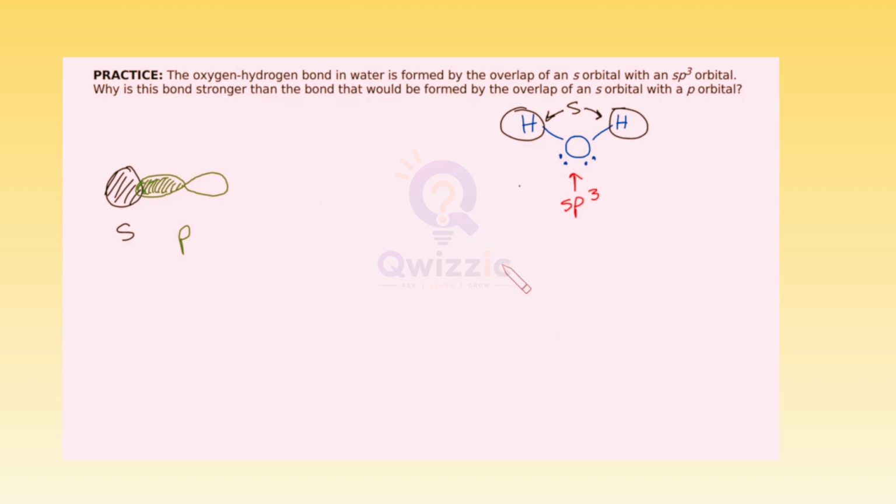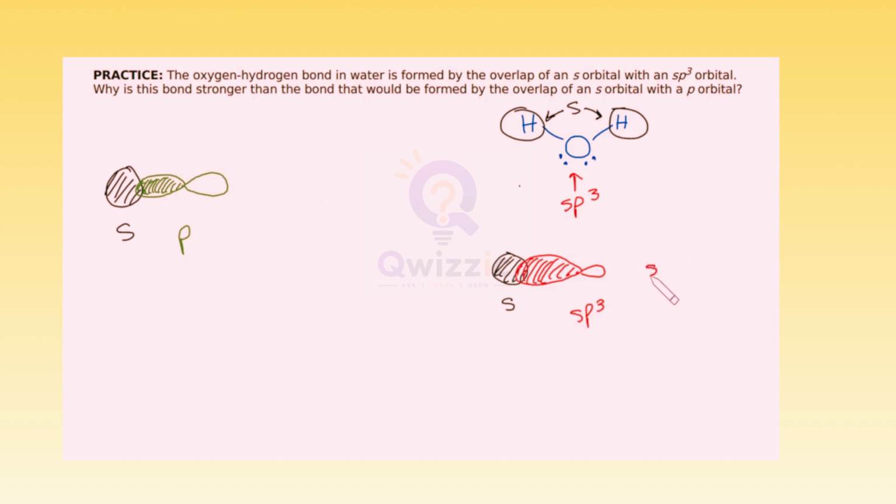So drawing again the s orbital, our sphere, but now the sp3 hybridized orbital is going to have two lobes like the p orbital, but since we have the hybridization of 4 orbitals, the s and 3 p orbitals, one lobe is going to be much larger due to higher electron density.